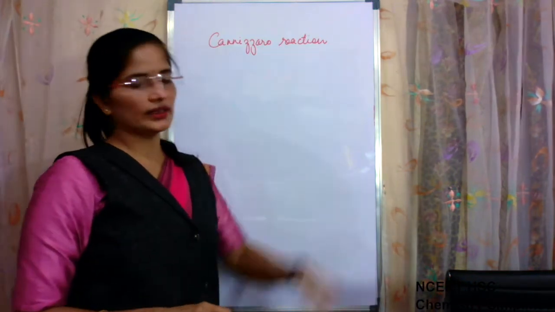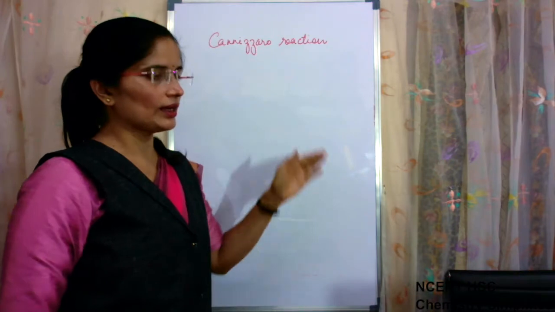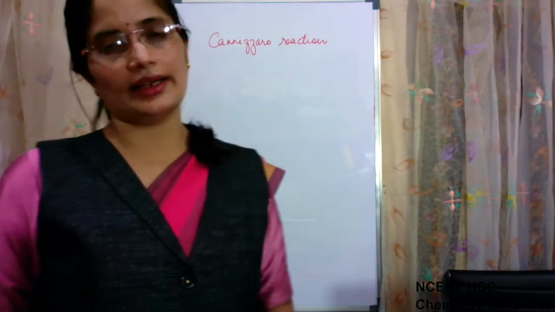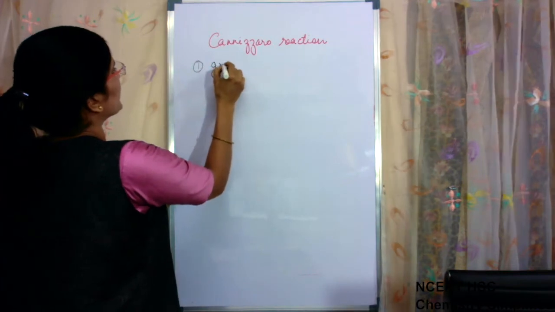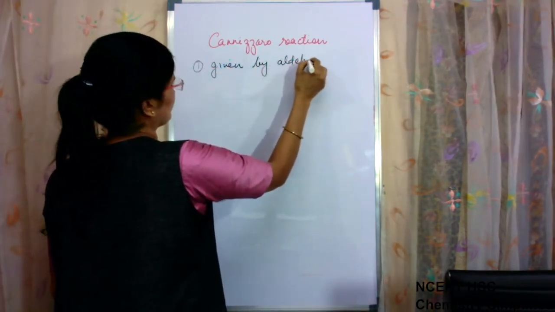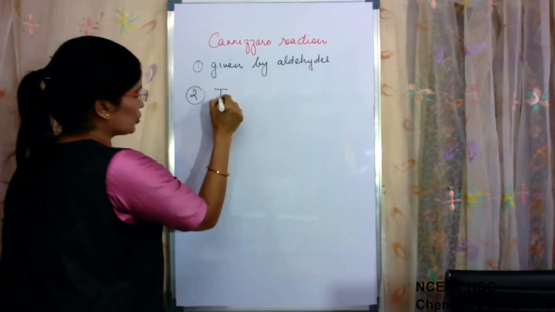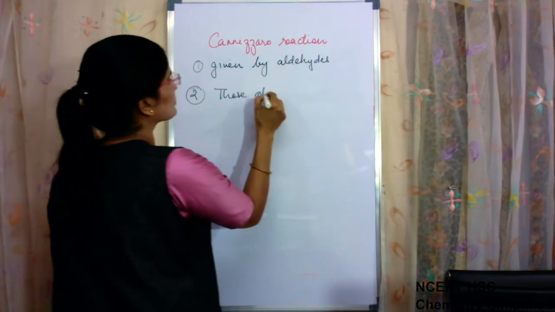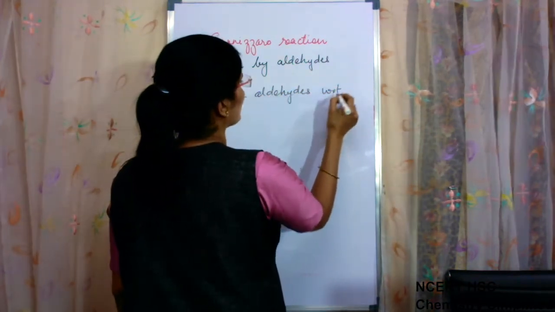What are the conditions for this reaction? Again, this is one of the chemical properties of aldehydes, not ketones. So first thing, given by aldehydes. Second condition, those aldehydes which do not have alpha hydrogen.